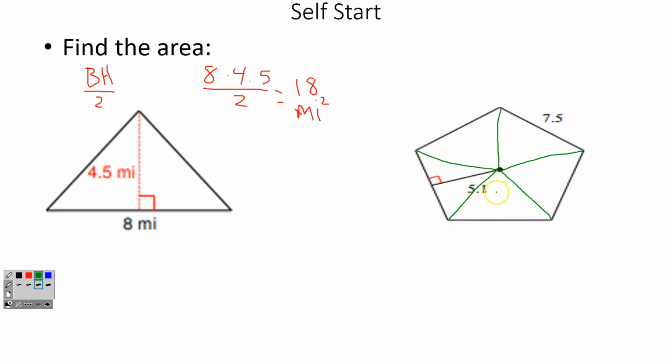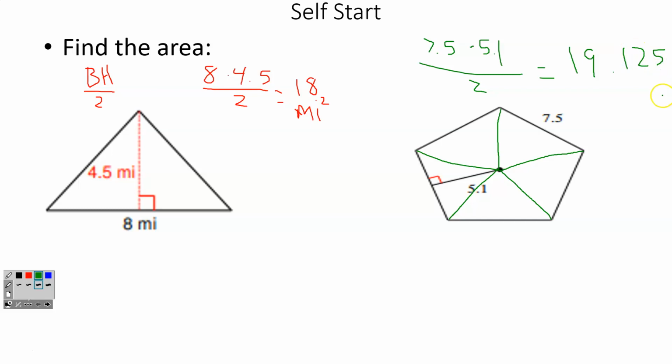So I could find the area of just one of the triangles, which would be my base, which is 7.5, times the height, which is 5.1, divided by 2. So 7.5 times 5.1 divided by 2 gives me an answer of 19.125.